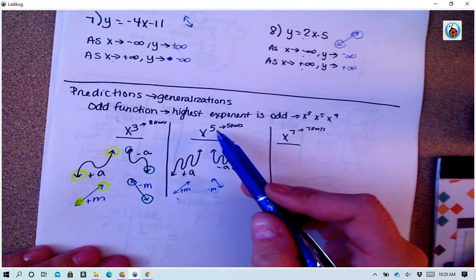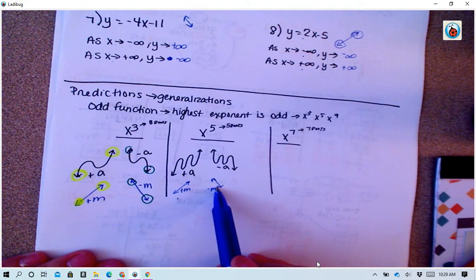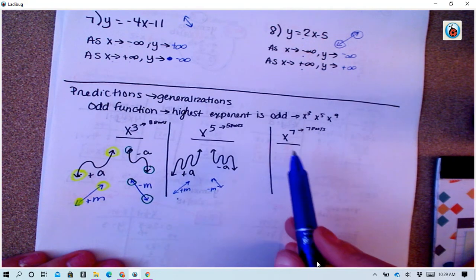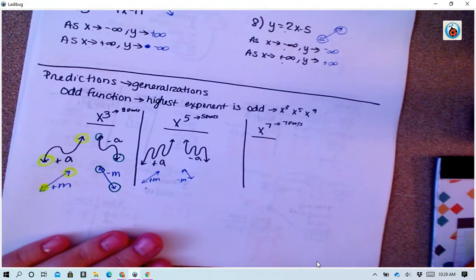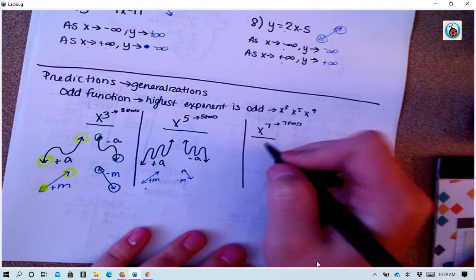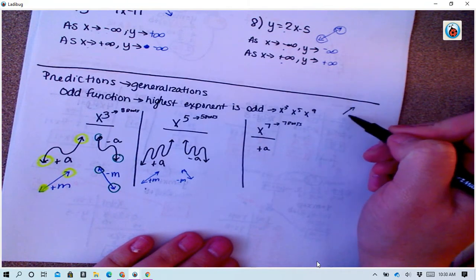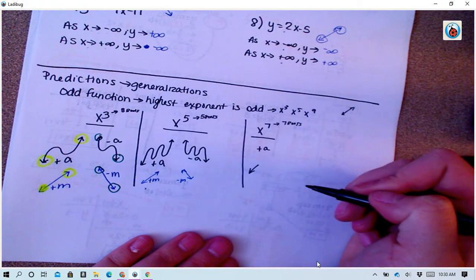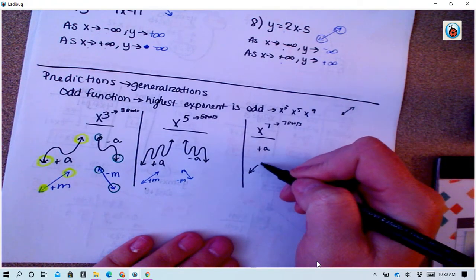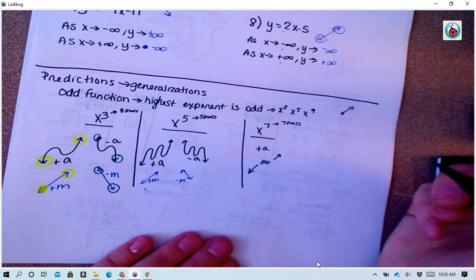So anything that has an odd power is going to have tail ends that look like that of a line. So let's take a guess on what the tail ends of x to the seventh would look like. If we have a positive a value, we know that a line would look like this. So we would have this bottom arrow pointing down, and then some stuff would happen in between, and then this arrow would point up.